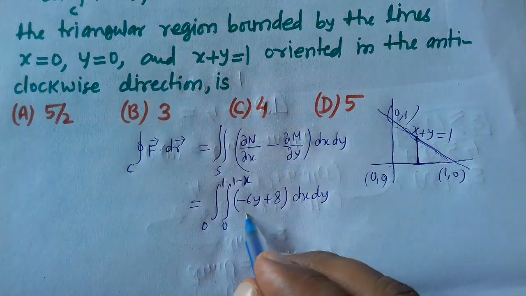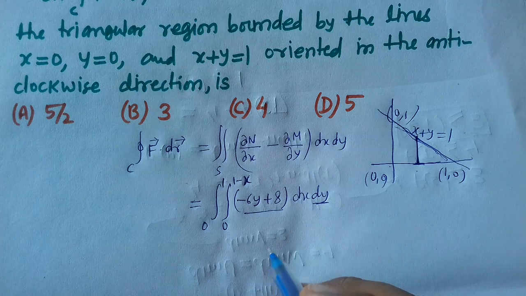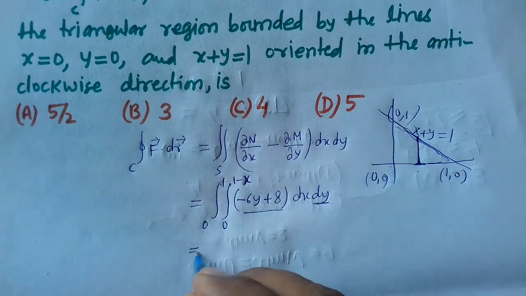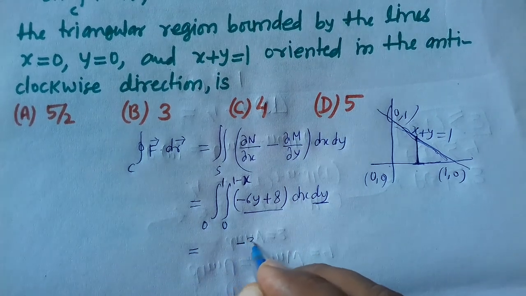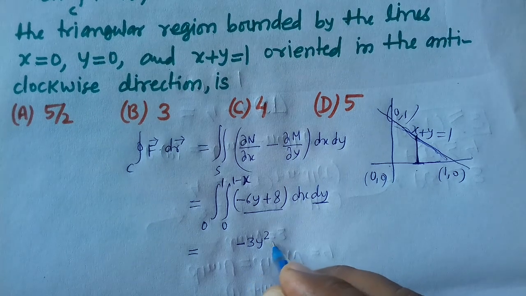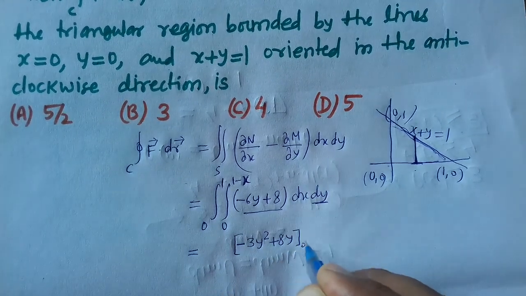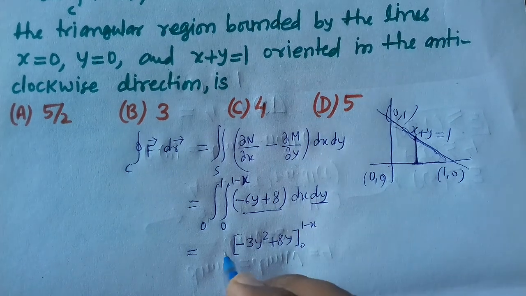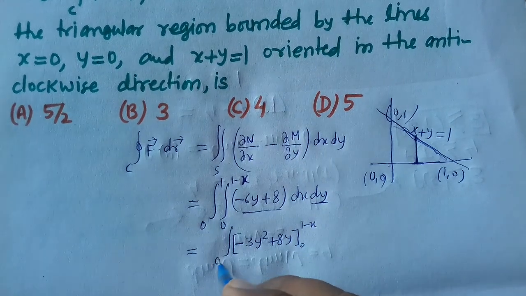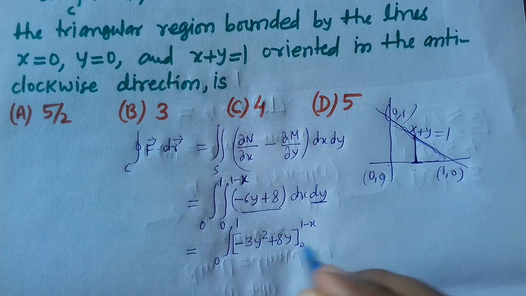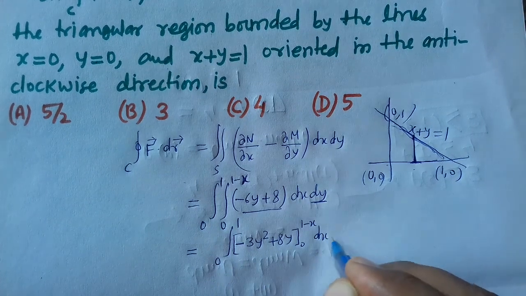Now integrating with respect to y first, this gives us minus 3y square plus 8y. The limit will be 0 to 1 minus x, and there will be one integration remaining, 0 to 1 for dx.